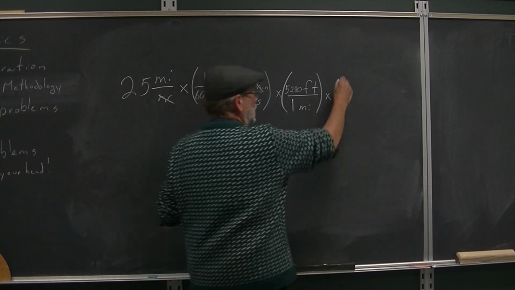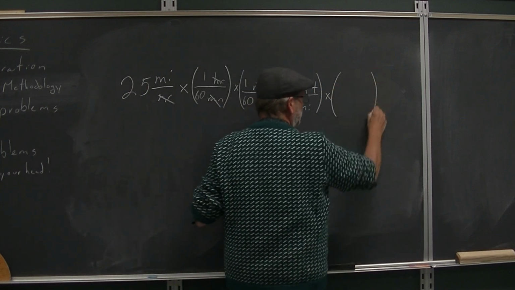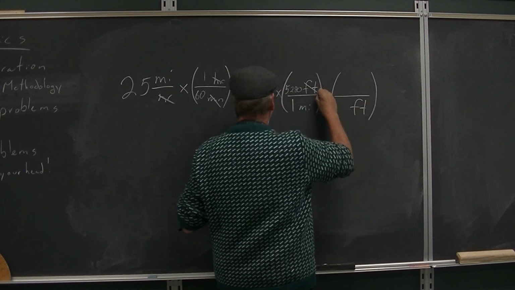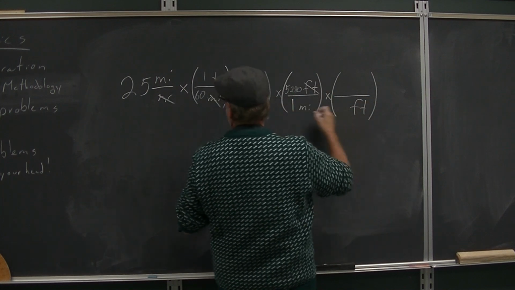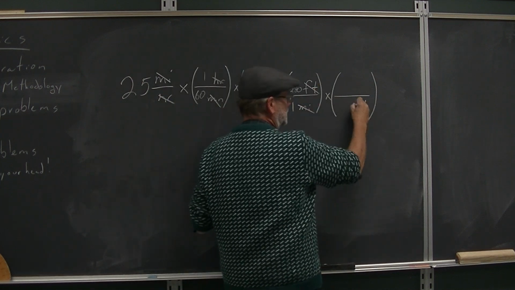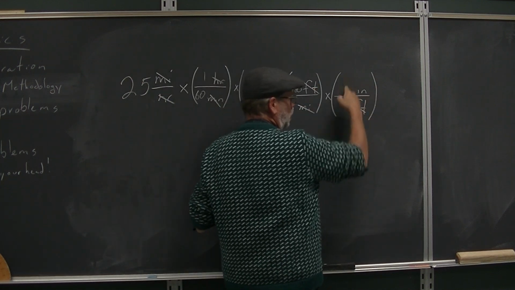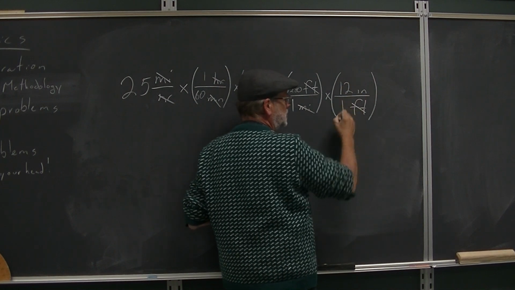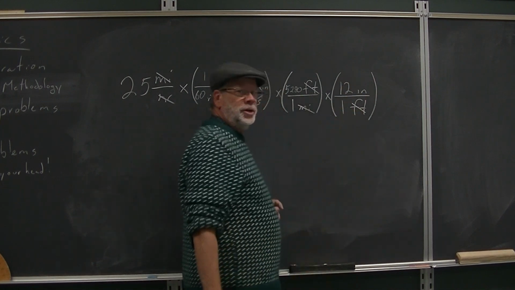Continue multiplying. Well, now I want to get down to inches. How many inches in 1 foot? I'm going to multiply by 1. Feet obviously goes on the bottom, so it cancels. The mile canceled a mile, so I have that out. Feet cancels feet. Inches are up here. What numbers do I put in to make it 1? Well, we know 12 inches is the same as 1 foot. Now we're in inches.